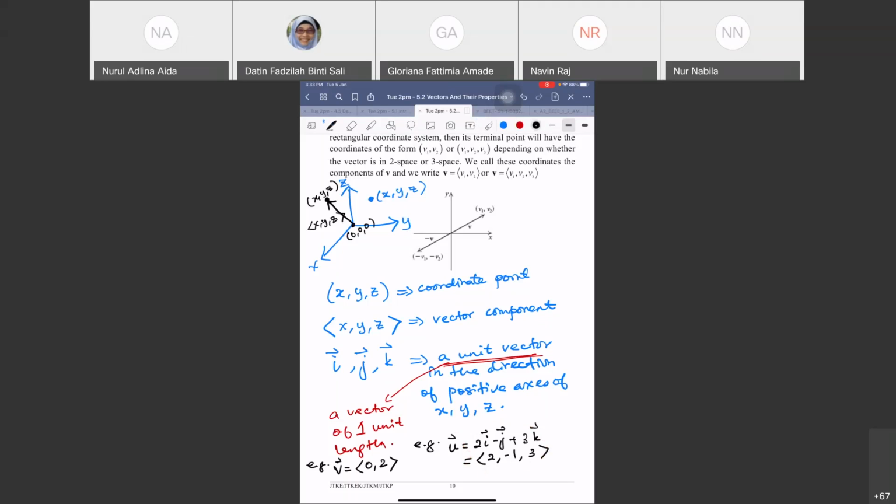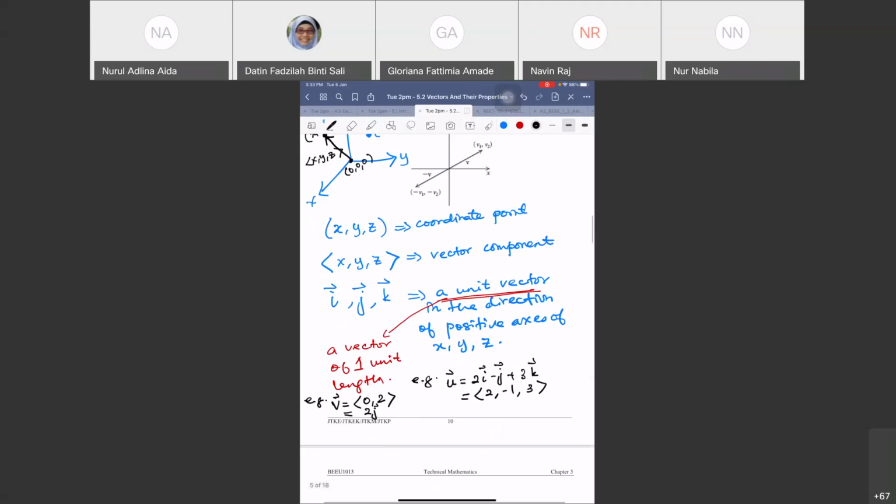So it's understood that if it is written like that, you are referring to a 2-dimensional vector. That means there's no i, it is just 2j. So this is the component representation of a vector.